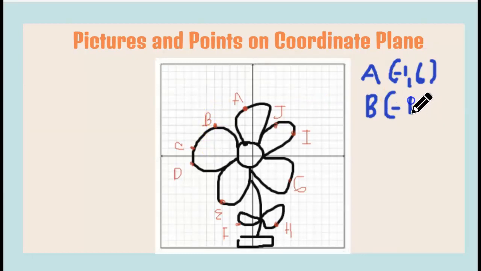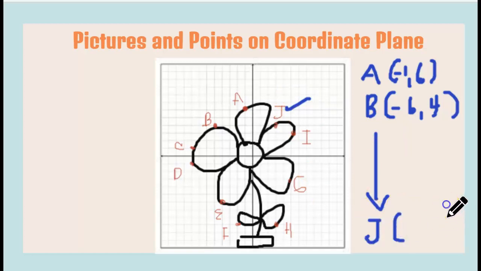It's -6 on the x and +4. And go on all the way to J. Identify the coordinates that represent them. Right? So for J we have -2 and 1, 2, 3, 4, so +2 and 4, because it's in the first quadrant. Right? Your turn.